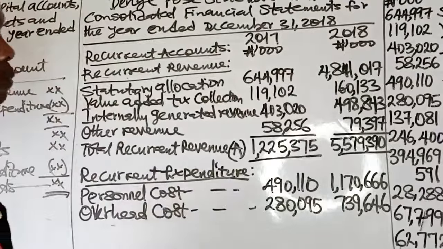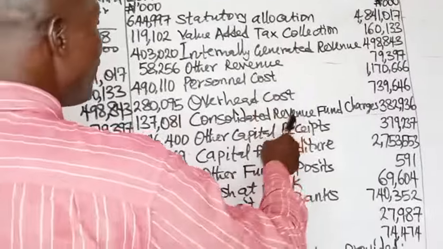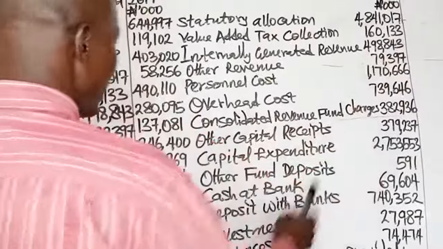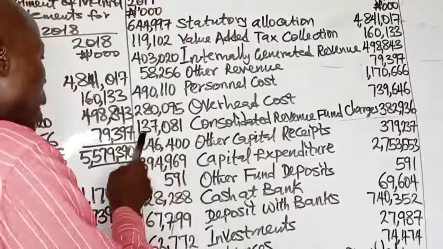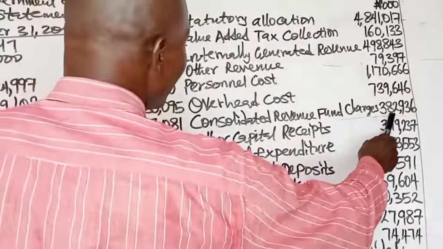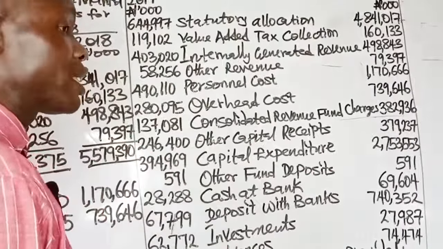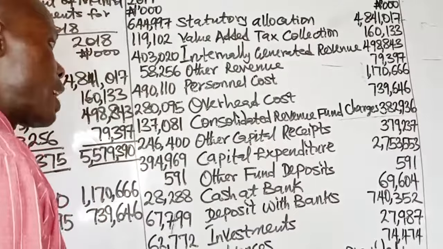Back to the question. You have consolidated revenue funds charges. 2017, we have 137,081. 2018, we have 382,936. This question is obtained from the ICAN study text, public sector accounting and finance.